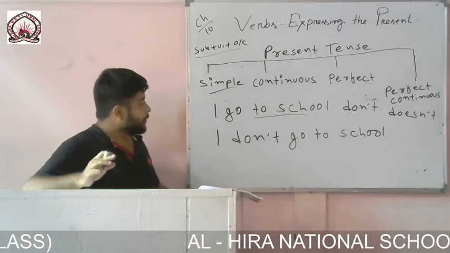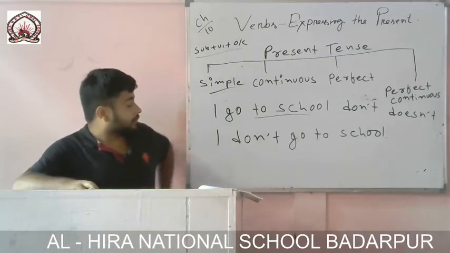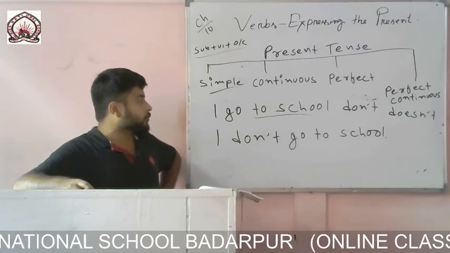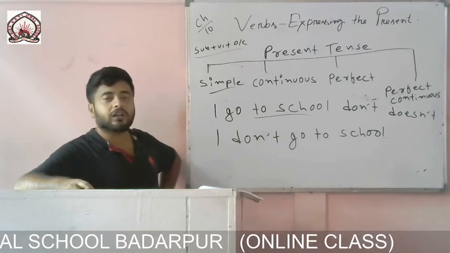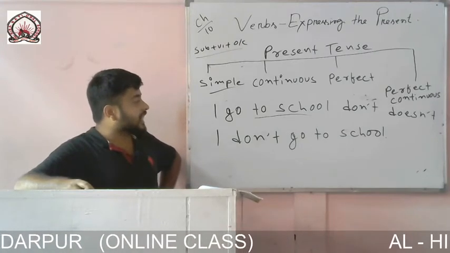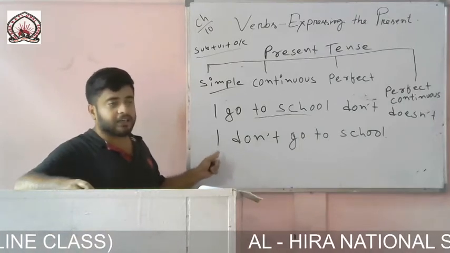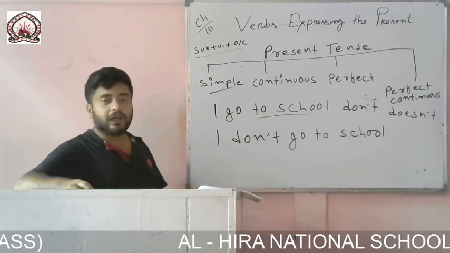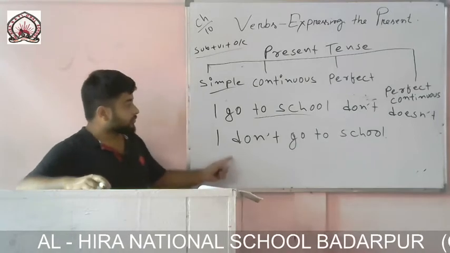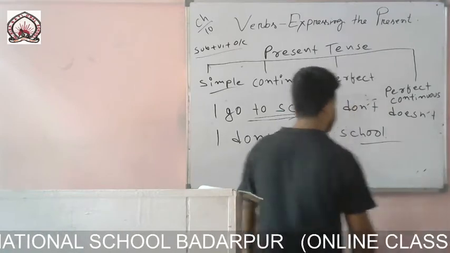Remember this. Now where to use doesn't and where to use don't? Always remember that with third person singular we have to use doesn't, and with first person, second person and third person plural we have to use don't. So this is present indefinite affirmative, and this is present indefinite negative.